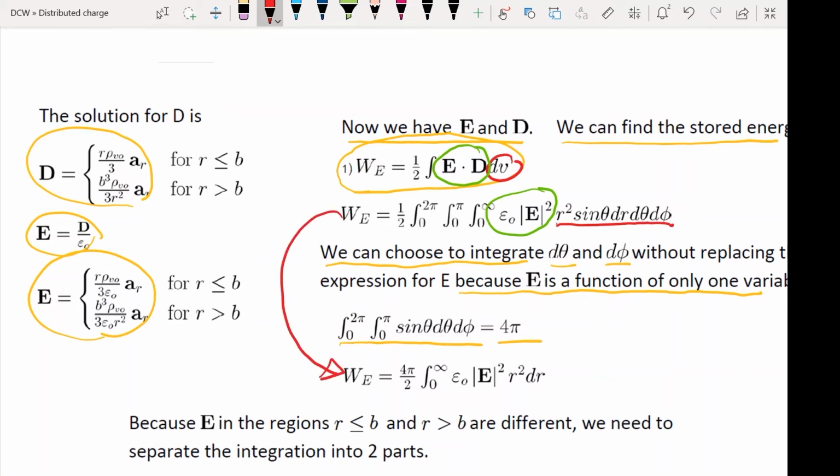Replace this integral in the equation. It reduces to this. The limit r equal to 0 to r equal to infinity means that we change r from 0 to infinity. This includes two areas, r less than b and r greater than b, where the equations for E are different. We need to separate the integral into two parts.